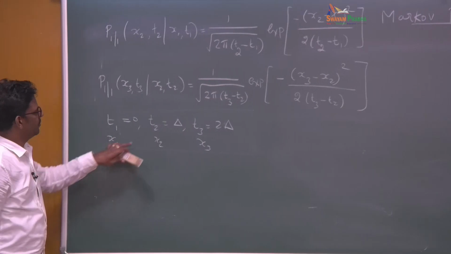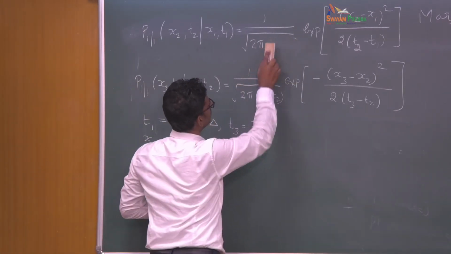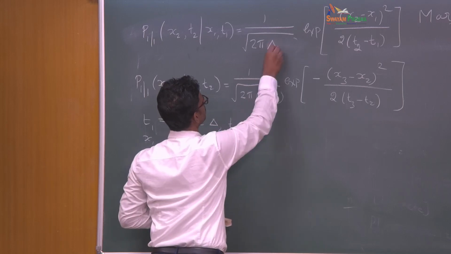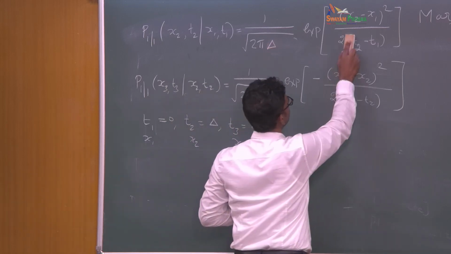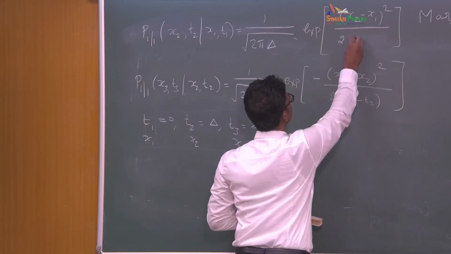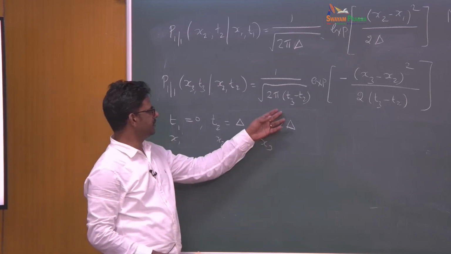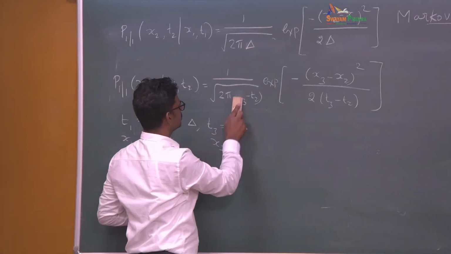You can see that when I make this choice, this t2 minus t1 becomes delta, and this also becomes delta. Similarly, t3 minus t2 is also delta.